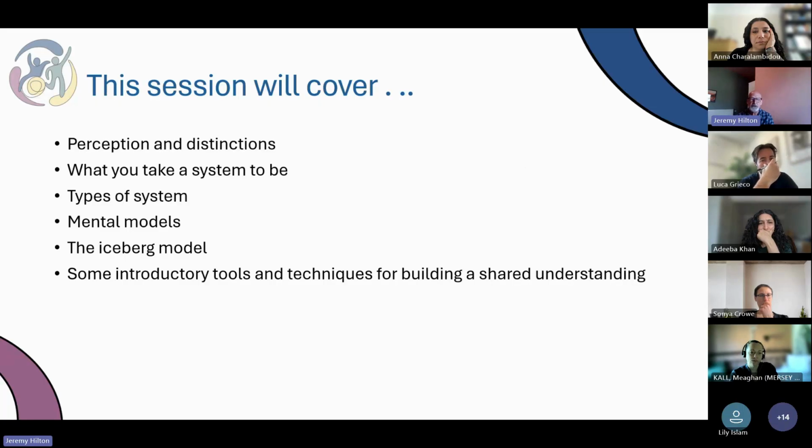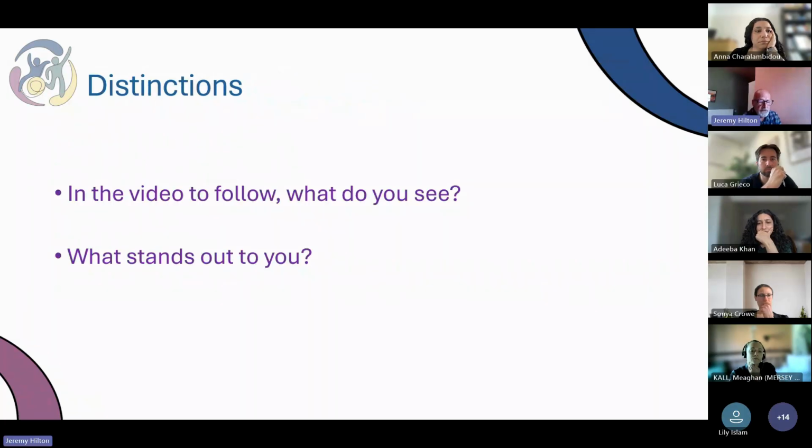But then finally, some introductory tools and techniques, as I mentioned, for building a shared understanding. And there'll be an opportunity for you to practice a few of those today. But when you get involved in the workshops later on through Sprocket, we'll be using some of these with Work Package 1 in parallel with their existing wonderful techniques they have for the workshops already.